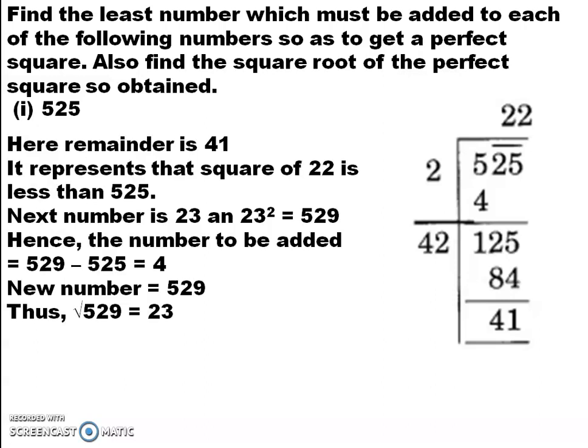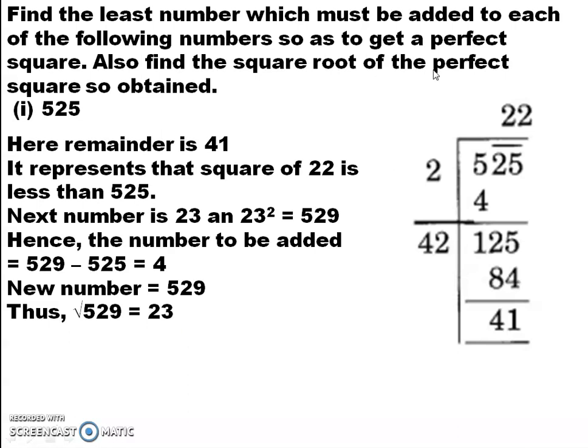Here the remainder is 41. It represents that the square of 22 is less than 525. That means 22 into 22 should be less than 525. So, what did you conclude there? Here you got the quotient as 22.